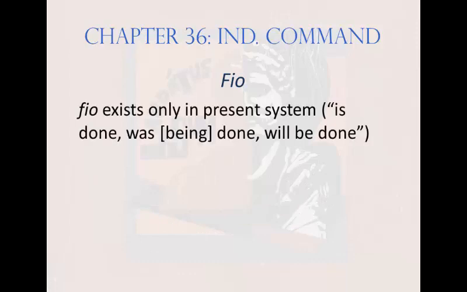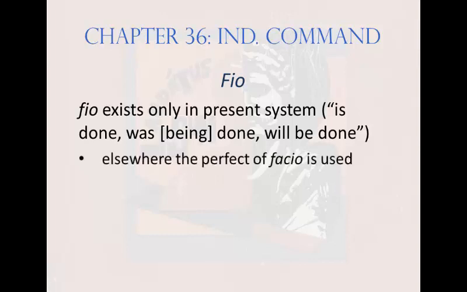And, as we noted above, fio exists only in the present system. That is, it has only present, imperfect, and future forms. Is done, was or was being done, will be done. Beyond the present system, there is no fio. Factus takes over in the perfect passive, and factus sum or est is used to convey its perfect senses, having been made or done.